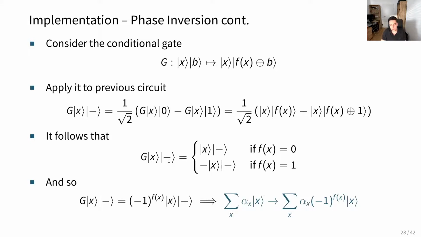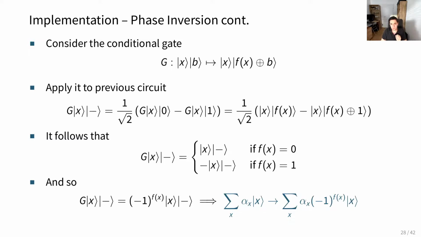Because now an input of this form gets exactly mapped to this output. This representation is actually the same as this representation, just without doing this exponent. And this is now the thing, that we have a function which does this to the right element without knowing the right element. This is the abstract part maybe here. This is the implementation of phase inversion, our first component on a quantum computer.